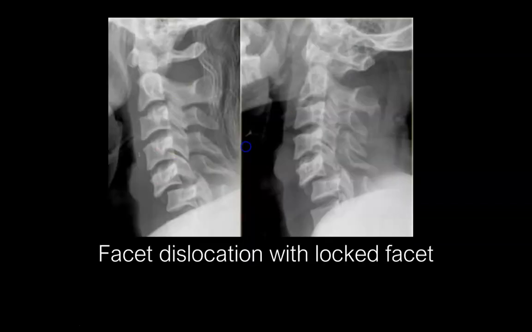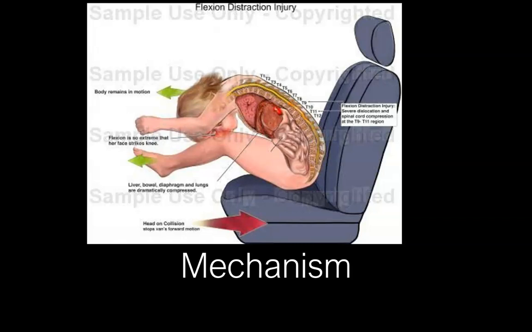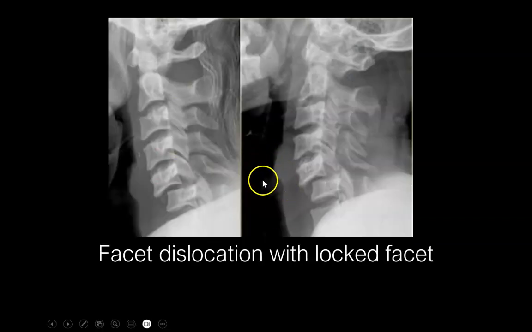Especially if you are wearing the belt. And you can get one facet dislocation, or both sides, as here. You see, this is normal: the facet above, the inferior articular facet, and the superior articular facet and the joint.